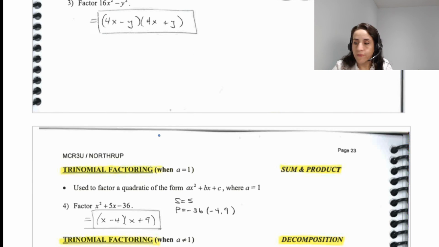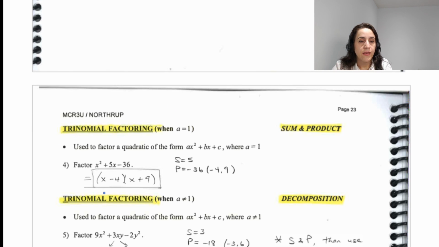Another way of factoring is trinomial factoring. When a is 1, I have a trinomial expression where the coefficient of the highest degree term, x squared, is 1.